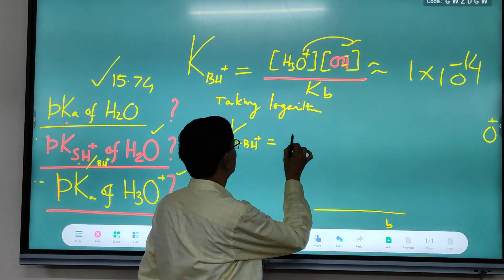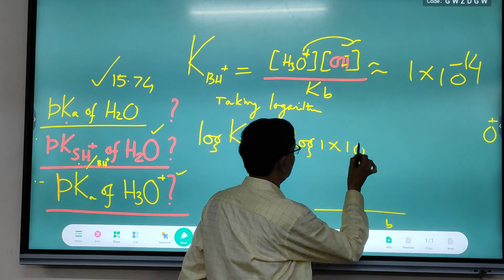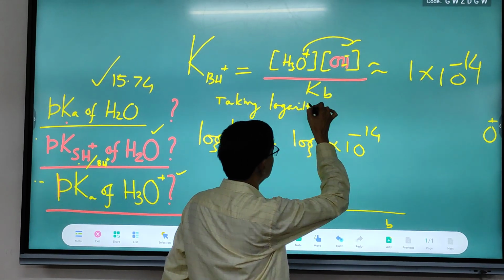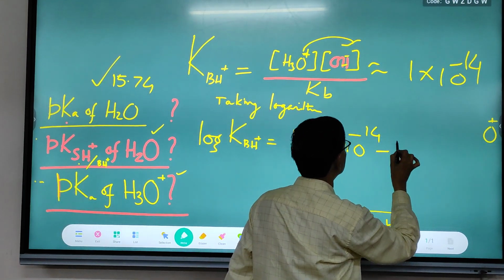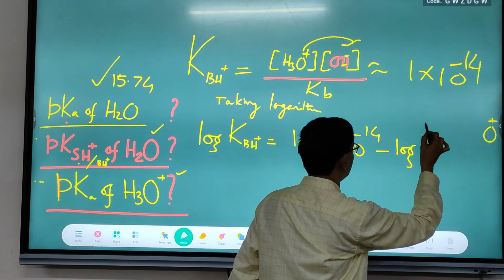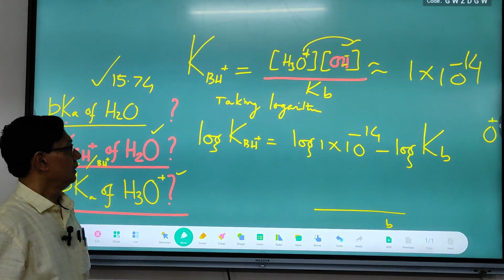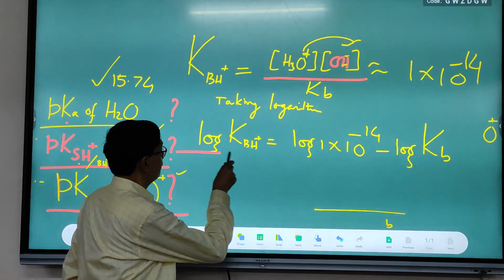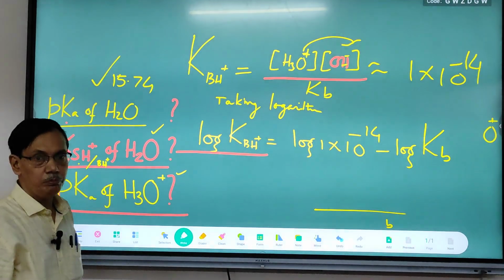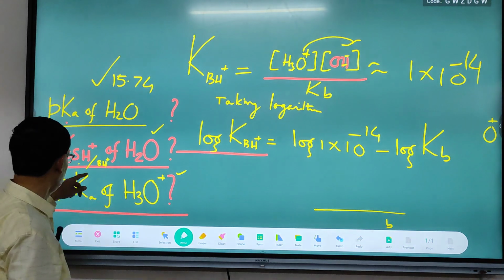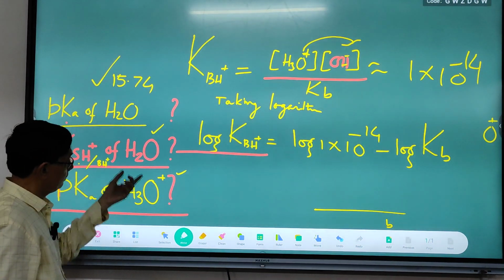So you can write that log of 1 into 10 to the power minus 14. And if I take the denominator to numerator, so minus log of KB. You know that minus log of KBH is equal to pKBH. We have to determine pKSH or pKBH or pK of H3O+. Both are same.